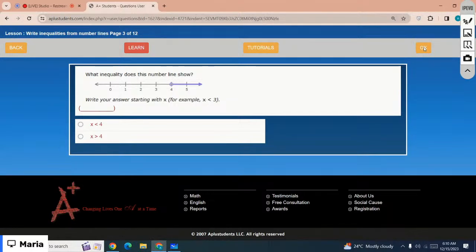Also, the graph is pointing on the right hand side, right? So that means x is less than 4. 4 is not included in the graph, right? X is less than 4.